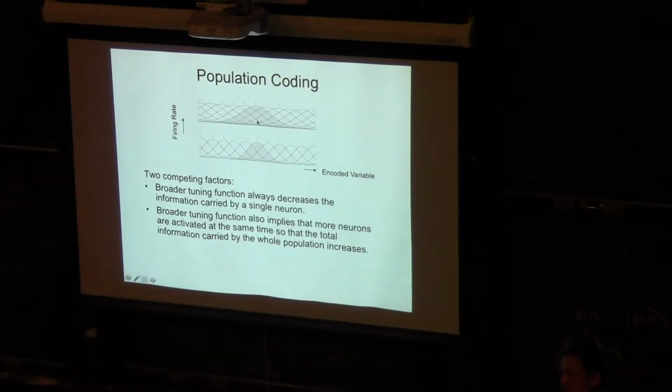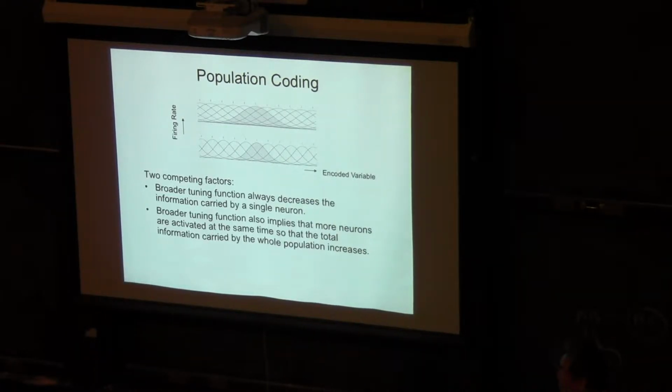Right? One consideration is that if I only look at a single neuron, in this case on the top, the tuning curve is a little bit wide, and the bottom is a little bit more narrow. If that cell fires, which neuron gives you more information about the value of the particular variable?